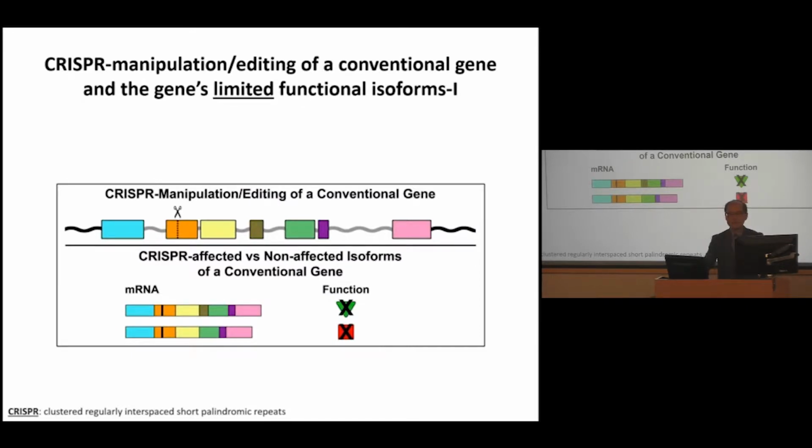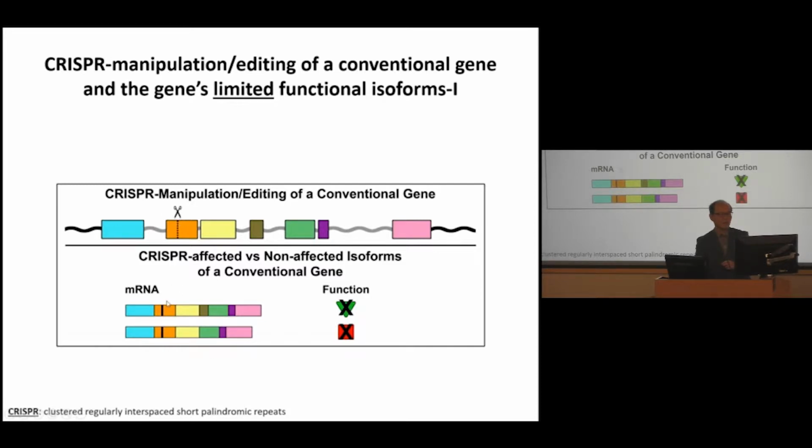And I'd like to extend this further to the current gene manipulation or editing technology. If we are trying to manipulate the genes in mice and some other system, I'm using the word manipulation, meaning that kind of disable here. So the CRISPR is clustered regularly interspaced short palindromic repeat, which is very popular nowadays for the gene manipulation and editing. So let's say you edited the second exon.